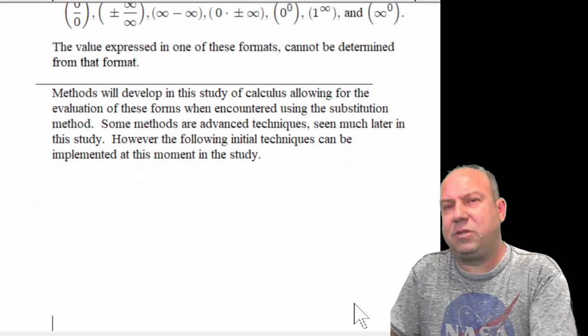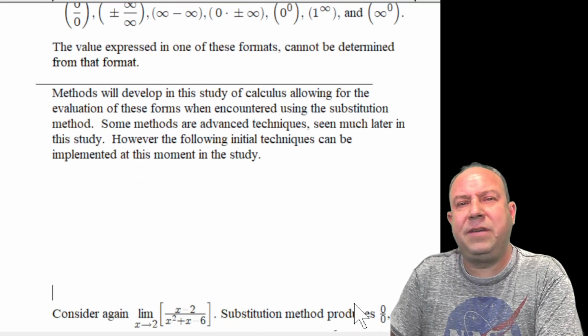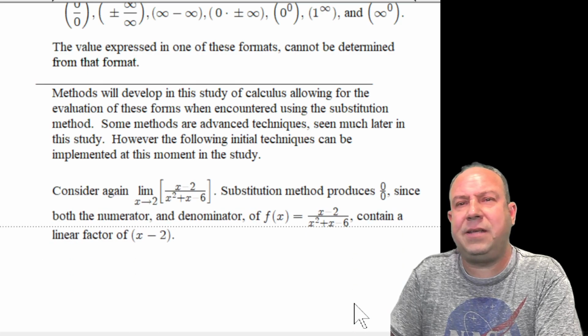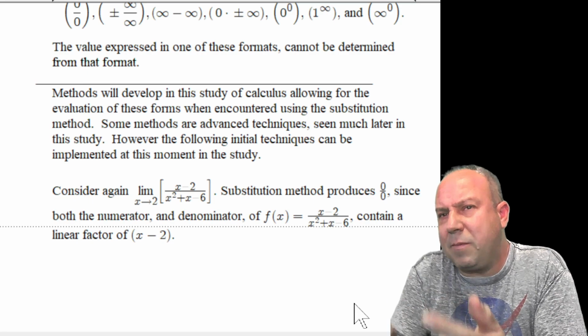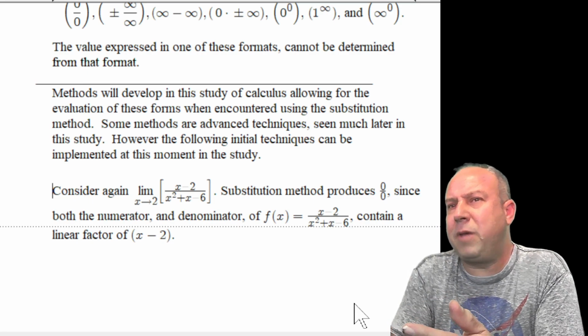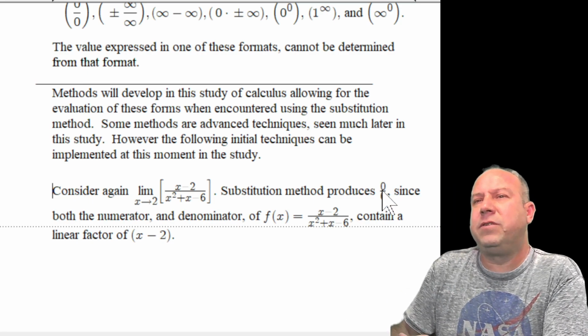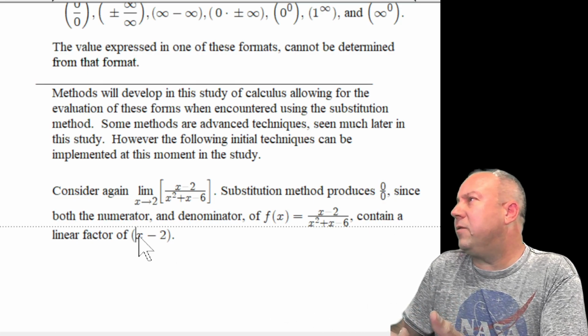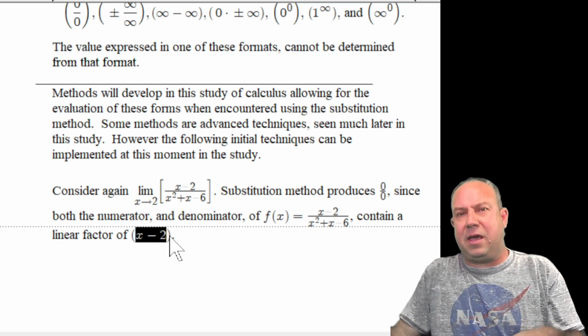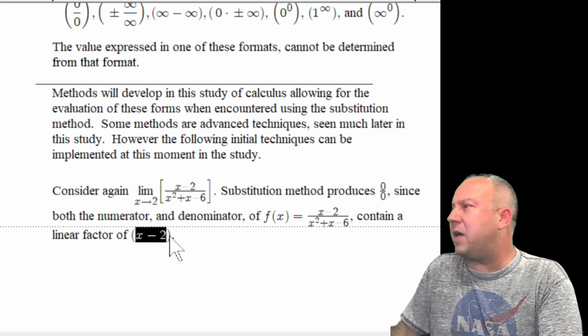And then this follows with just, I think, a little bit of example. If we go back and we consider our case, and we think about why substitution method produces that result of 0 over 0, it is because in the numerator and denominator we encounter that common factor of x minus 2.